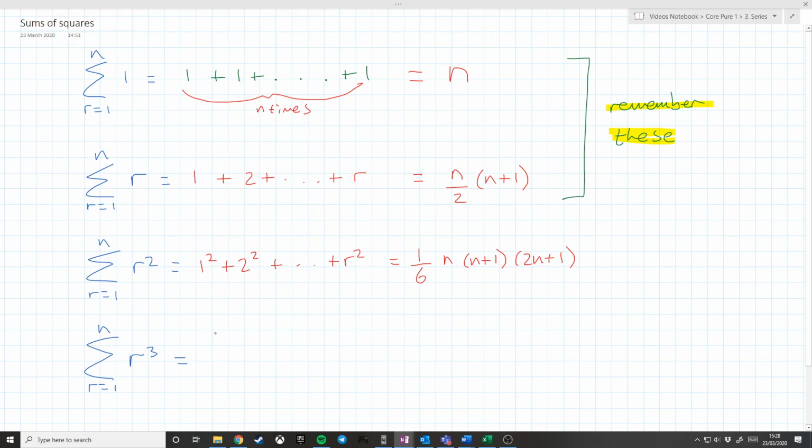And the sum of cubes, so which is 1 cubed plus 2 cubed plus all the way up to r cubed, is equal to 1 over 4 n squared, n plus 1 squared.